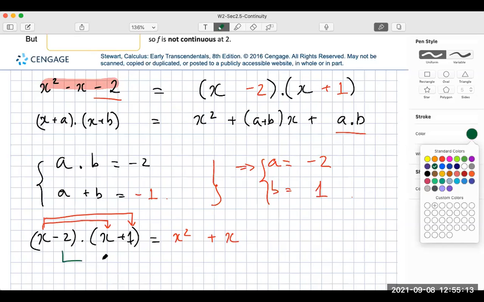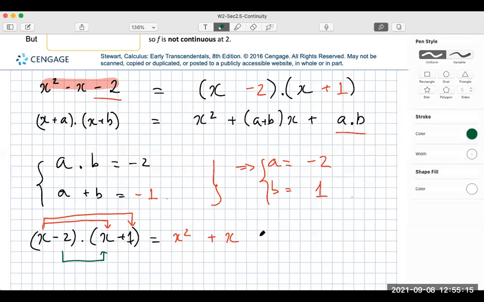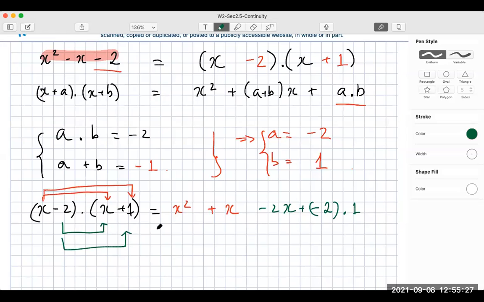And here, minus 2x, very good. And here, minus 2 times 1, right? Then we simplify it. It will be x squared minus x minus 2. So our computation was good. It's correct, right?